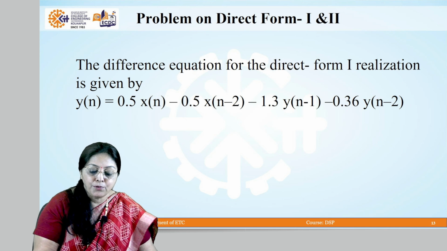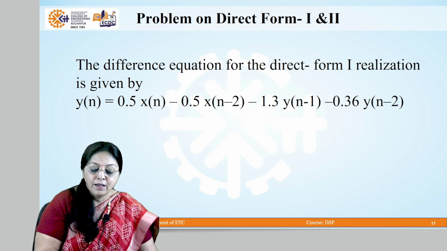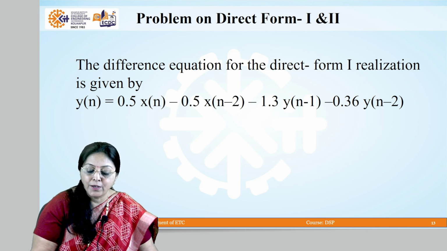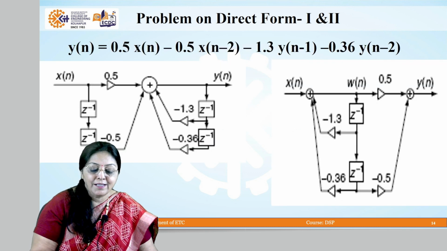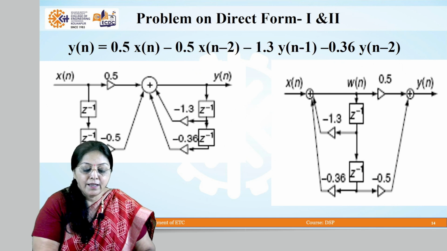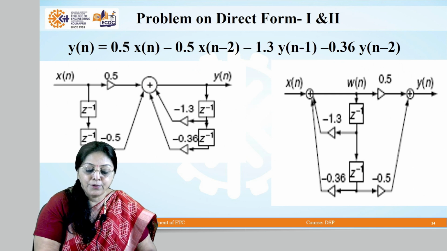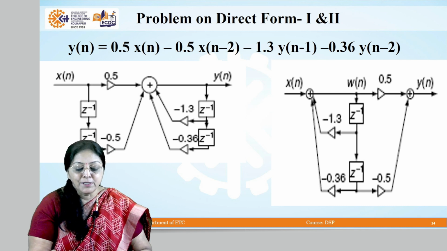Now we are going to focus on another difference equation, given for realization by direct form 1 and direct form 2, with terms x(n-1), y(n-1), y(n-2) and so on. The whole equation is mentioned here. When you observe this, 0.5 and 0.5 are two multipliers required, but the x(n-1) term is not there.